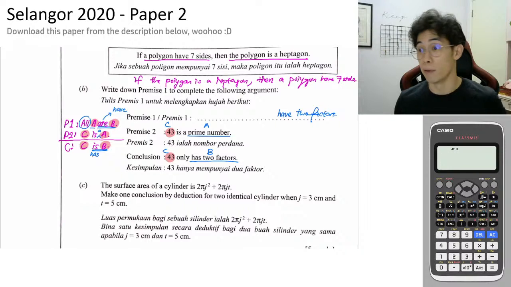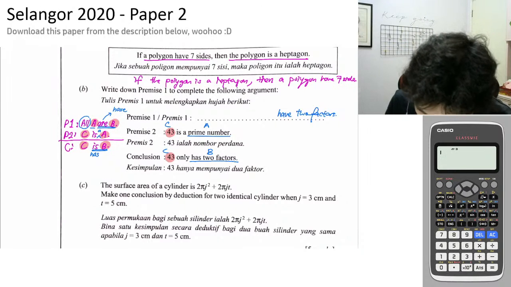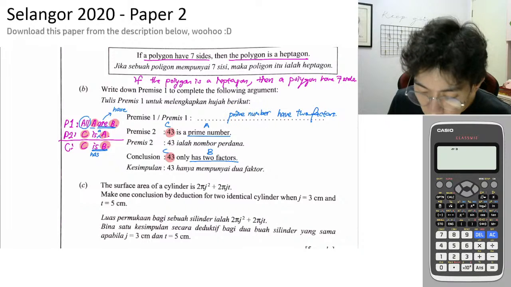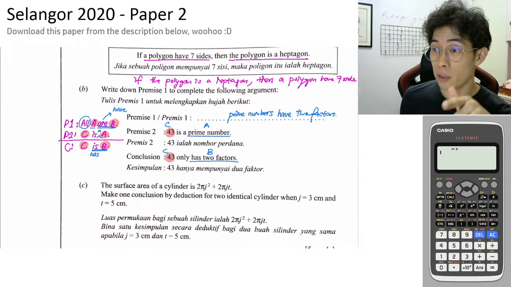This one is confirmed. And now the front part, you're going to write the words "prime numbers". Can you put it like that?